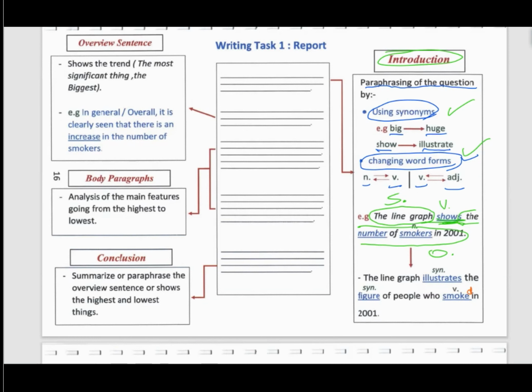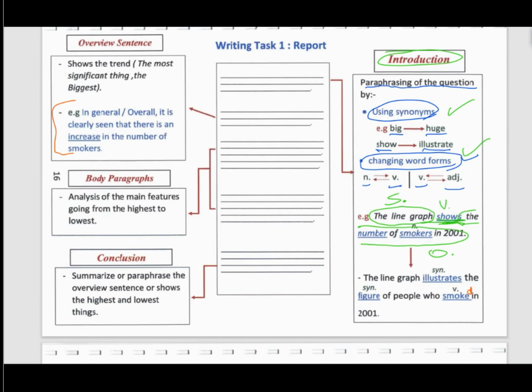In the overview sentence, you put the trend in general without specific details. Just the trend in general, like here. Like here, in general, comma, it is clearly seen that there is an increase in the number of smokers.